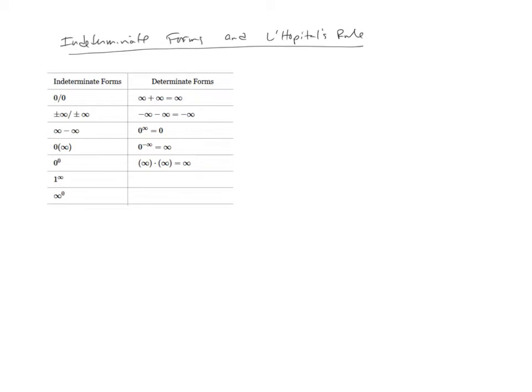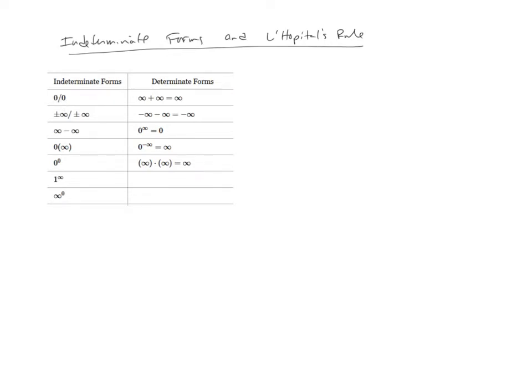But before we get into that, we need to talk about what are true indeterminate forms versus determinate forms. I've got this table up on the screen, and this is a really good one to pay close attention to. Right now, we're going to focus on the indeterminate forms. In Calc 1, we discussed the 0 over 0 case, where you would manipulate the function and hope you could reevaluate and come up with something.